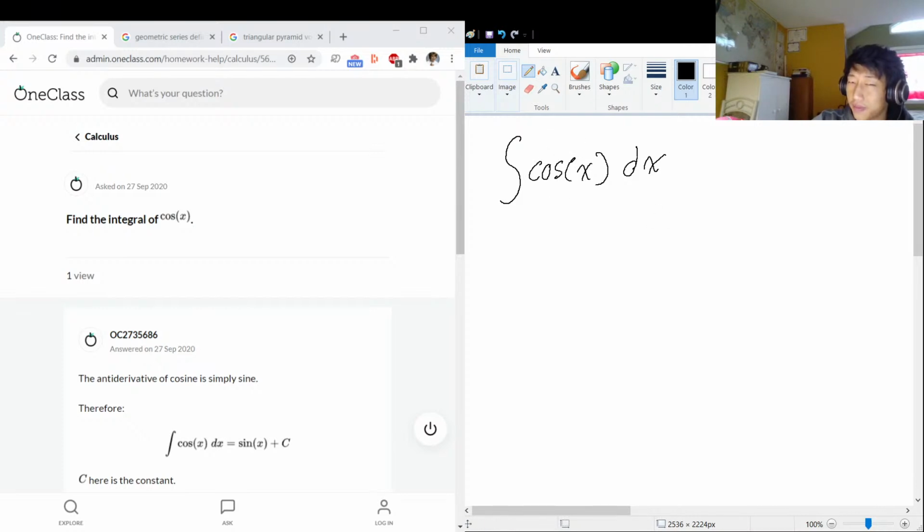Well, we know that one of the fundamental trigonometry things that we need to know for calculus is that the derivative, the d by dx of sine x, is equal to positive cos x. So that's what we get right there, and it really is that simple.